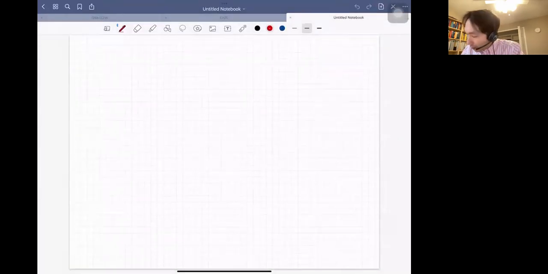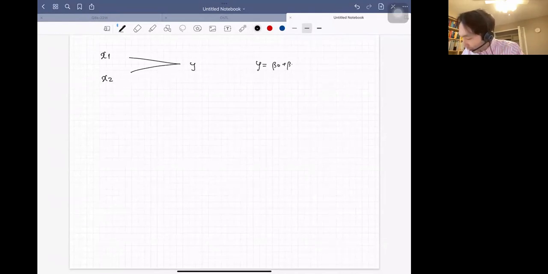So in linear regression, it's relatively simpler. If we have two predictors x1 and x2, then we fit y on x1 and x2. So the model is y equals beta naught plus beta 1 x1 plus beta 2 x2 plus epsilon. Okay, so I'm explaining the neural network.